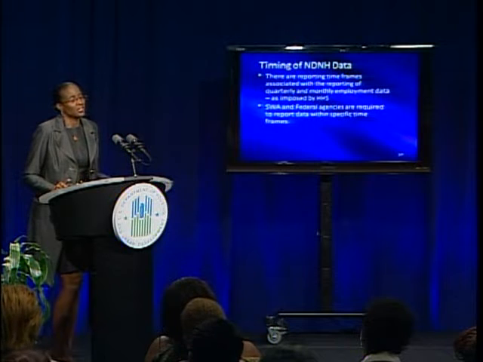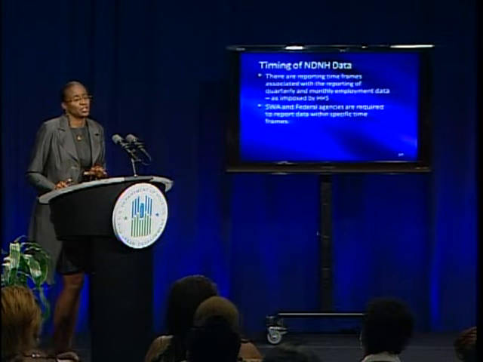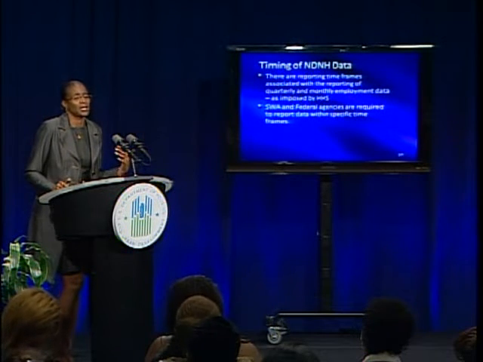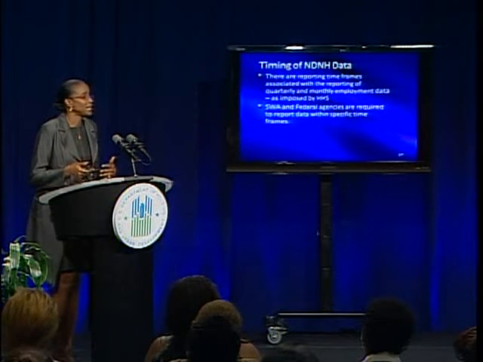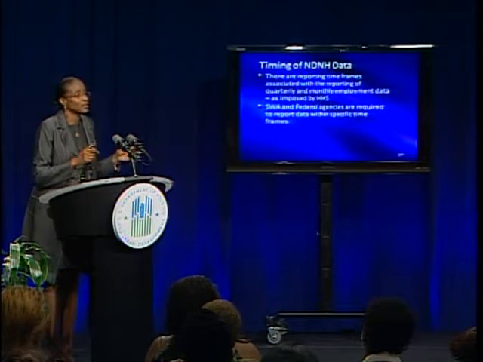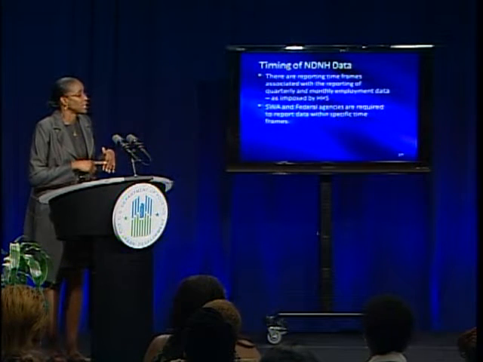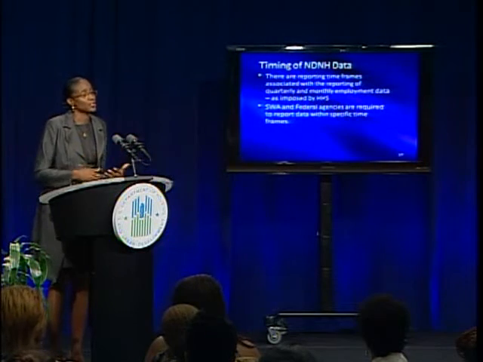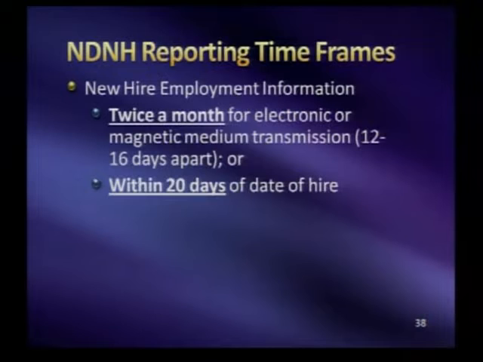And so the age of the quarterly data is attributable to the timing of the NDNH data coming into their database. And so please understand that these time frames are set up by HHS, and understand that your state workforce agency and federal agencies are required to report data within the specific time frames. And here are the time frames.